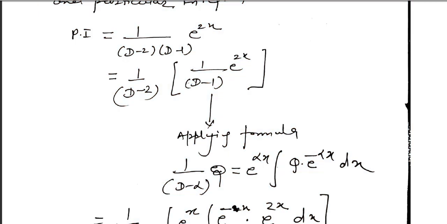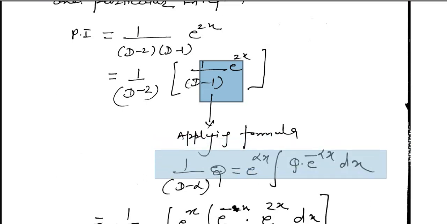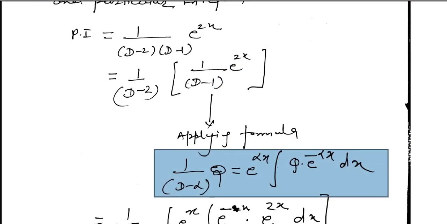So here this is equal to 1 upon D minus 1 e to the power 2x. Applying the formula on this term, it is e to the power alpha x integration of Q e to the power minus alpha x dx. Now look at here, in place of alpha we put 1.